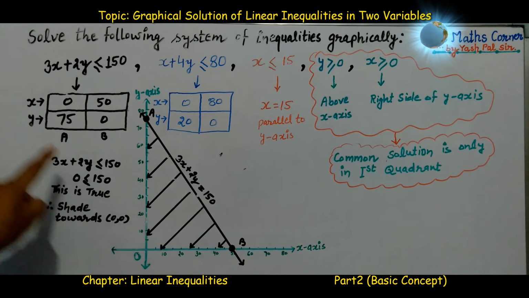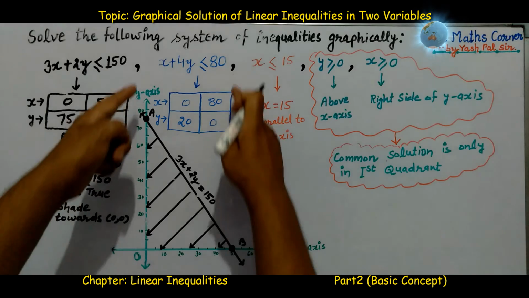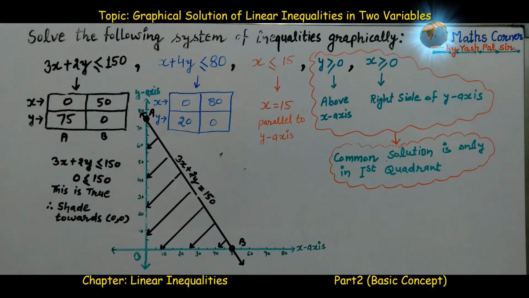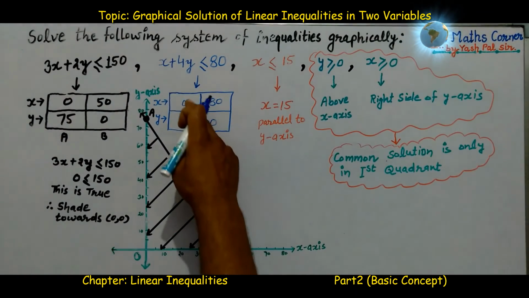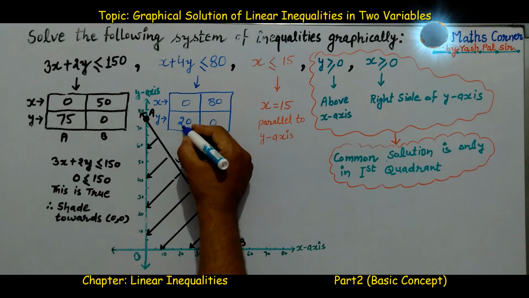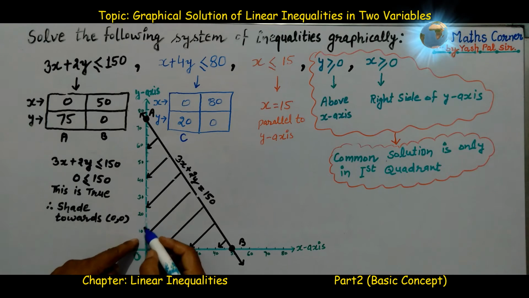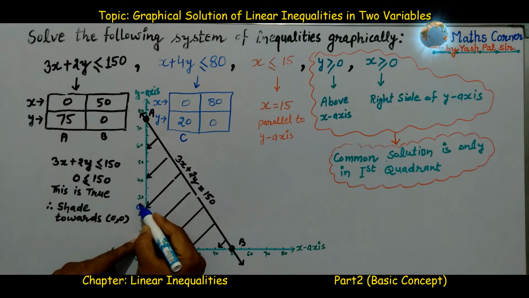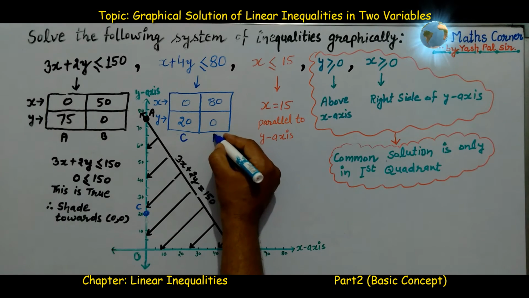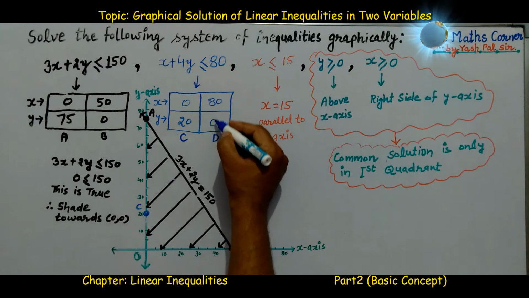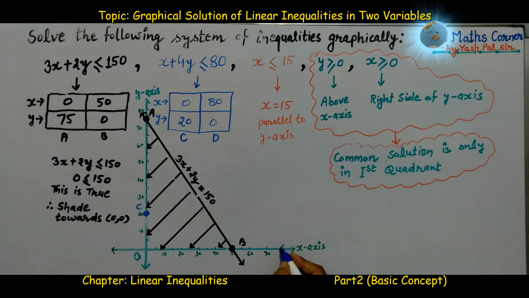Okay, now next taking this second inequality. First of all, this point x is 0, y is 20. Suppose this point is C. And this is point D, x is 80, y is 0.